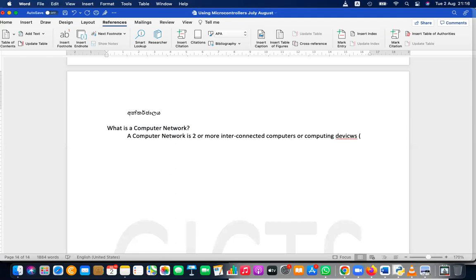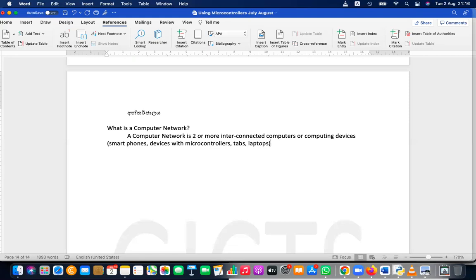So these computing devices can be smartphones, devices with microcontrollers, tabs, laptops, anything, right?